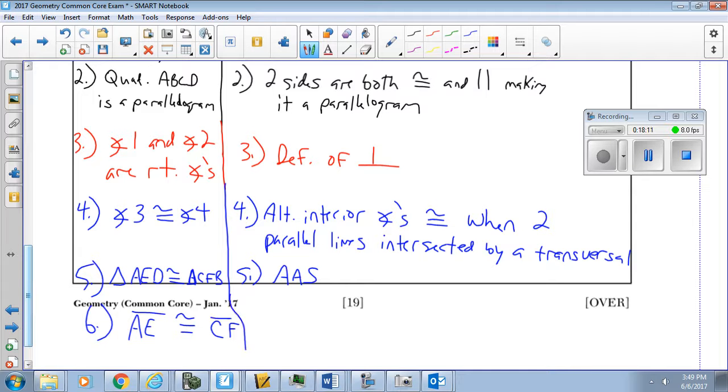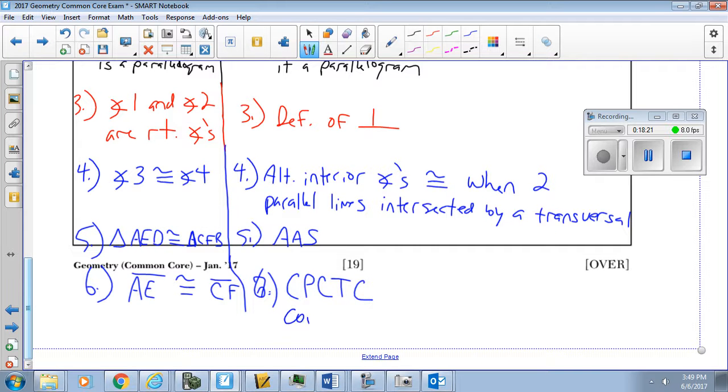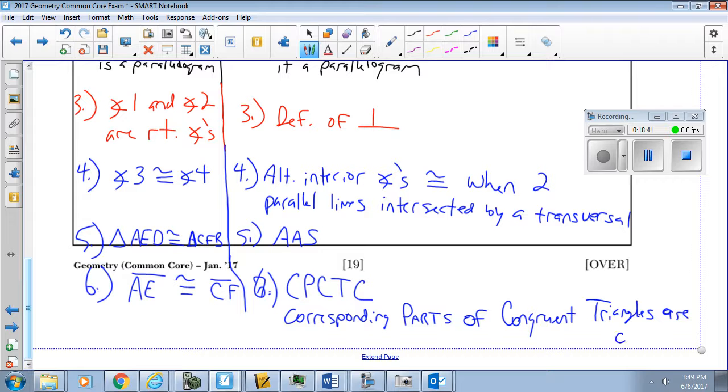And my reason is CPCTC. Remember, that stands for corresponding parts of congruent triangles are congruent.